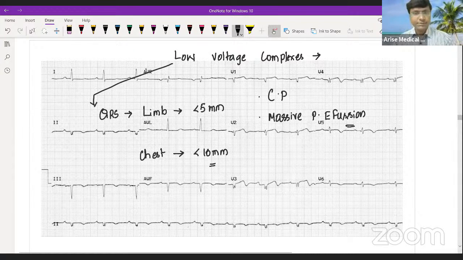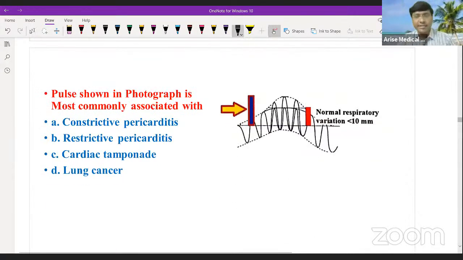Next. This is another very interesting image. The image shown to you is the pulse waveform.